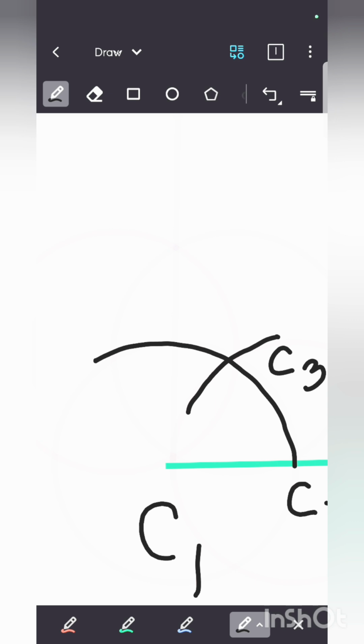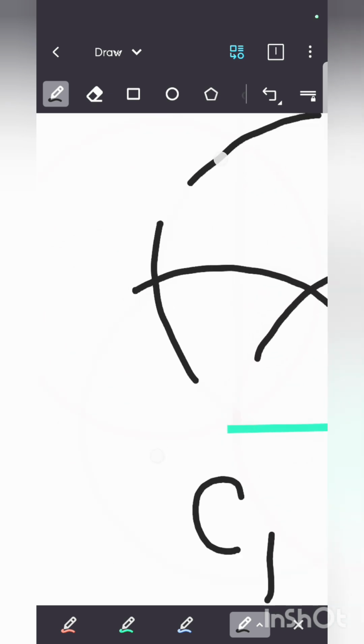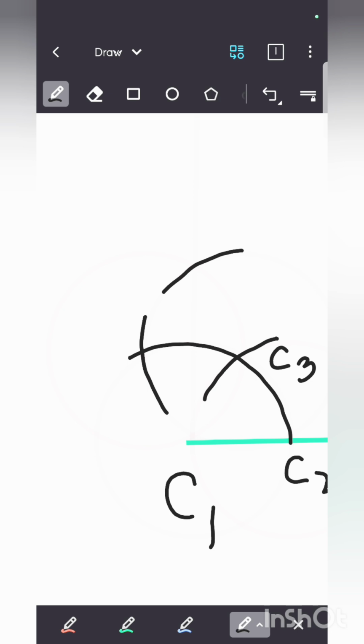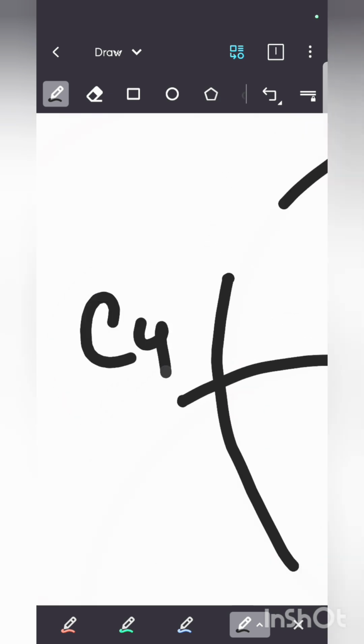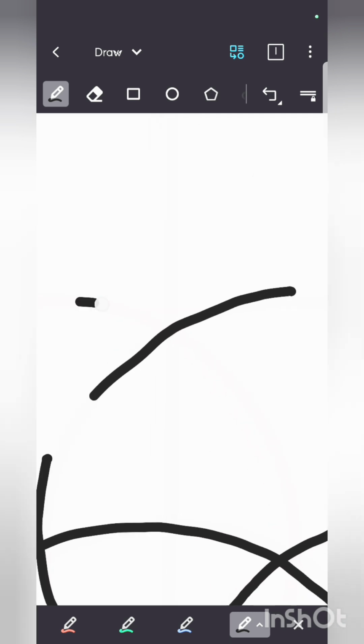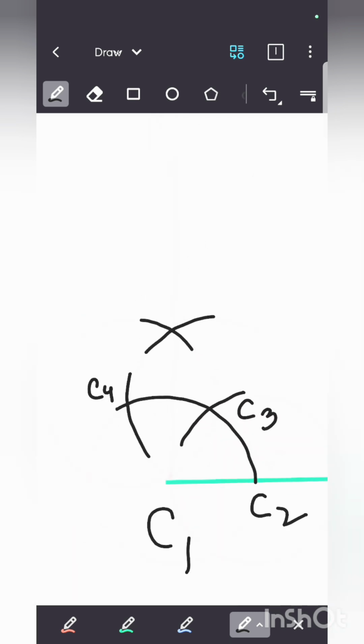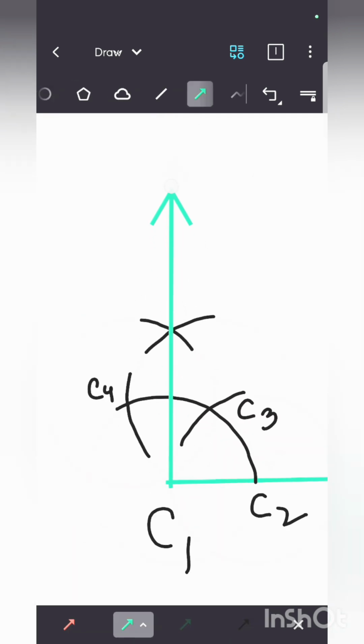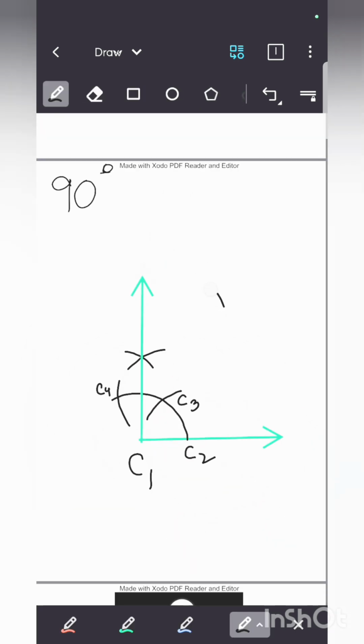We cut an arc here and here. Now our fourth point is this intersecting point, which is the 120 degree intersecting point, and cut an arc on this side. Now we complete it and we have to join it with a straight line. We completed our 90 degree drawing.